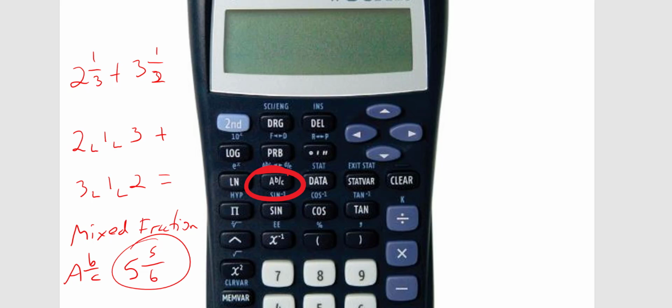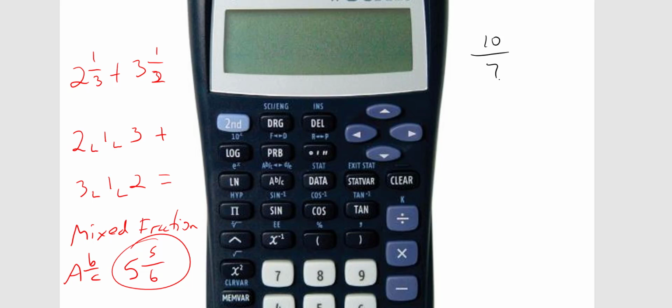Now, if you want to convert that to an improper fraction, so that's a mixed fraction. Improper is like 10/7. Mixed means it's got whole numbers and fractions. So 5 and 5/6 is a mixed fraction.